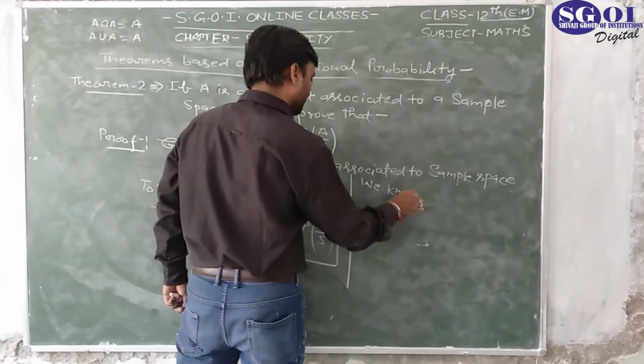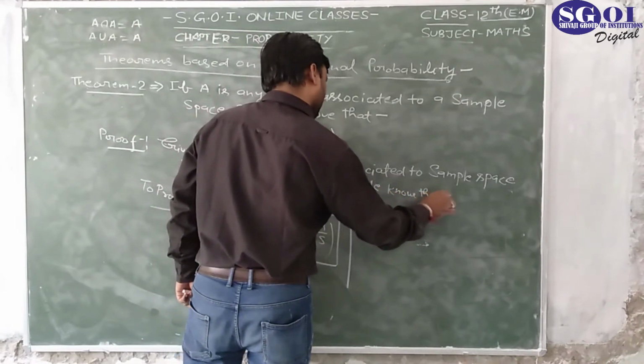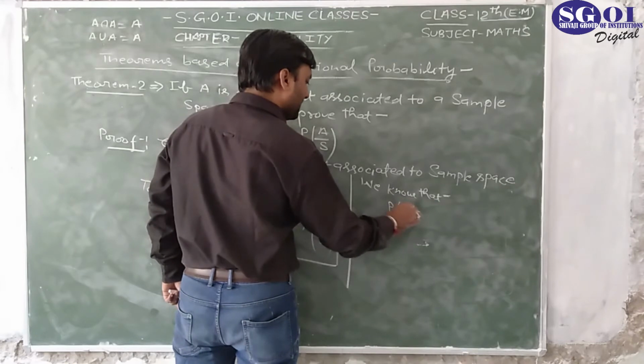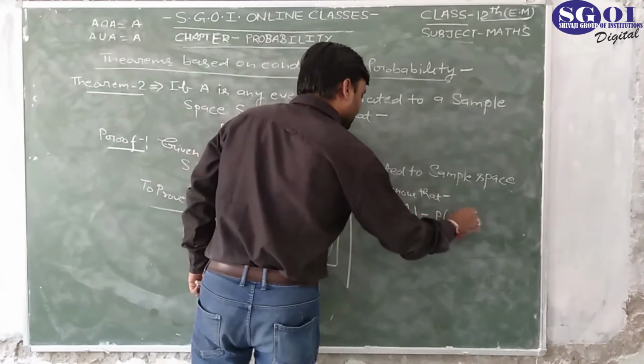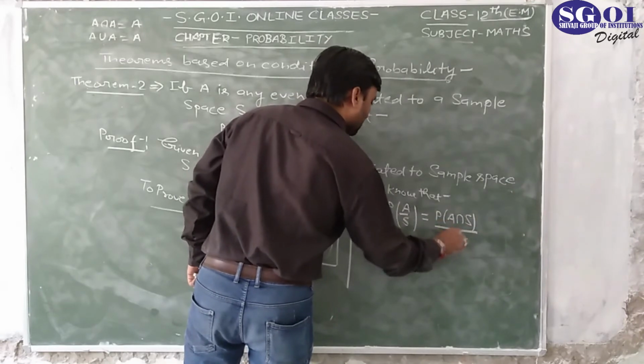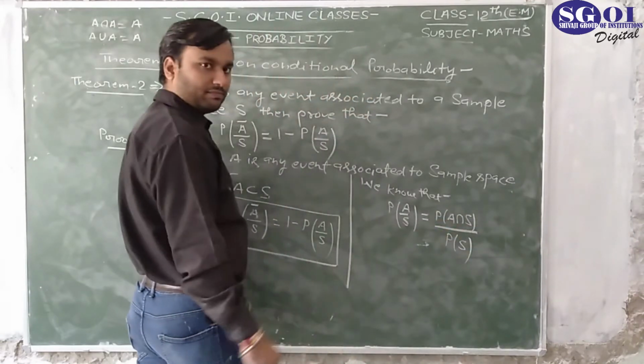We know that probability of A given S is equal to probability of A intersection S upon probability of S. Got it?